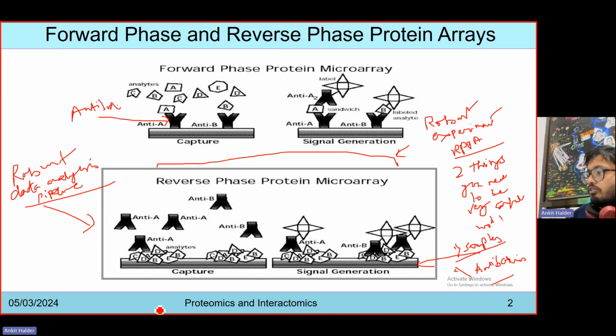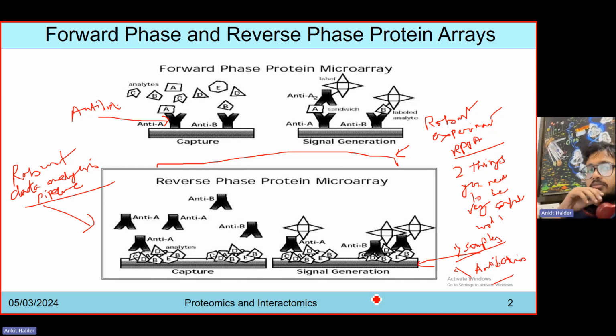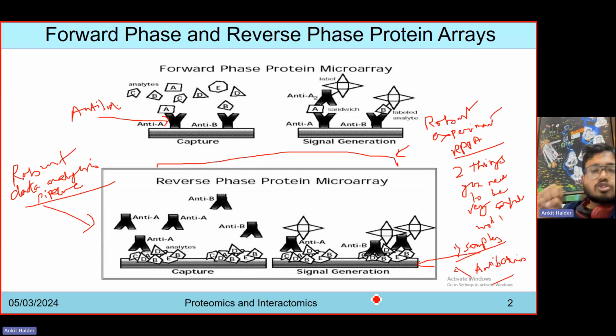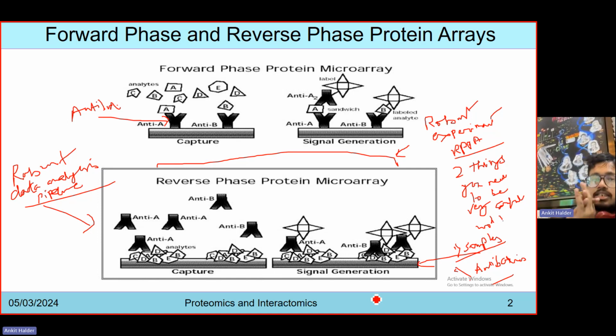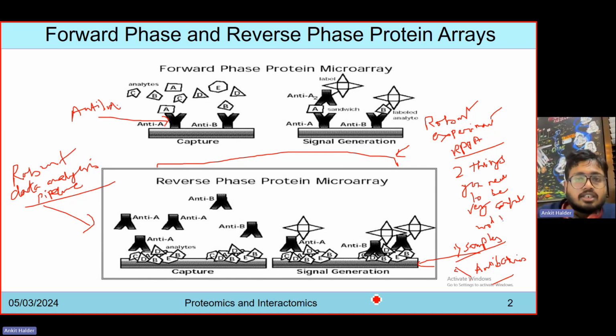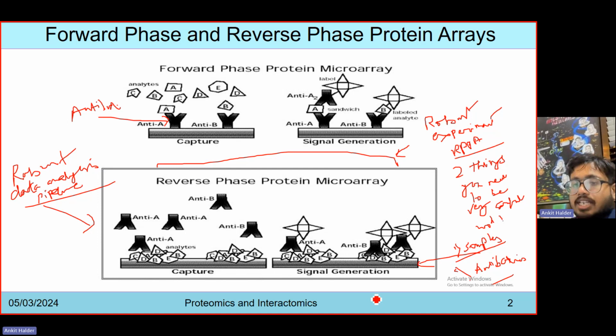So this is quite important to understand, and we will be looking in subsequent slides at how these things are to be ensured: for the sample, what kind of samples we can take, what lysis buffer needs to be taken care of, which is compatible and doesn't interfere with the signals and the background, and also the efficiency of extracting the proteins should be pretty high.